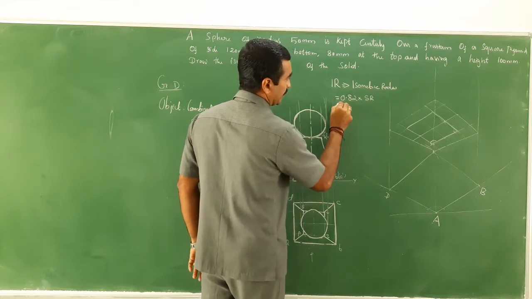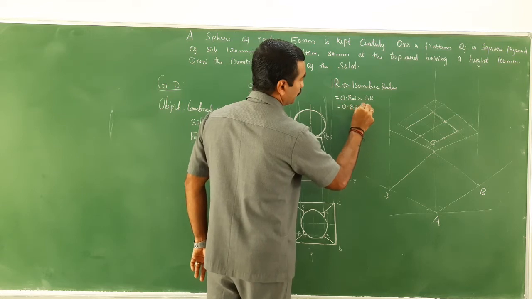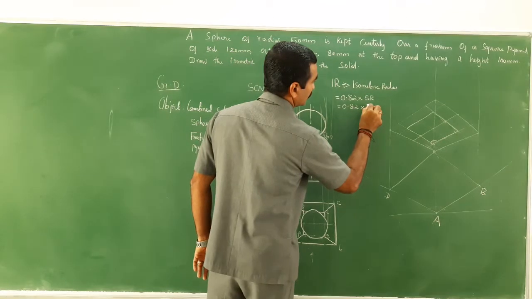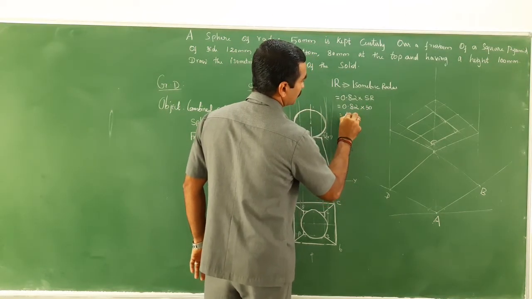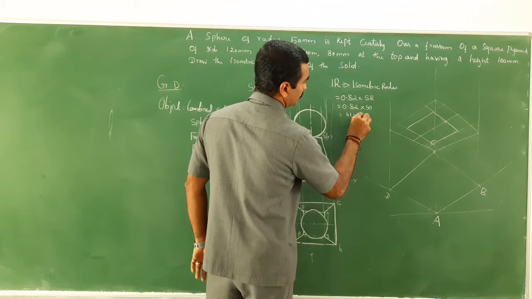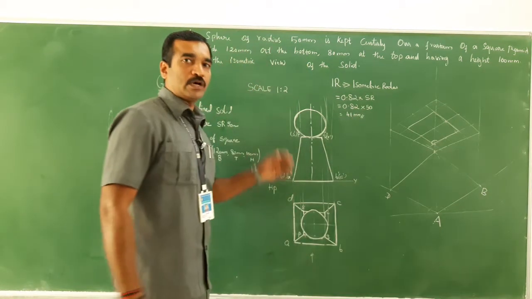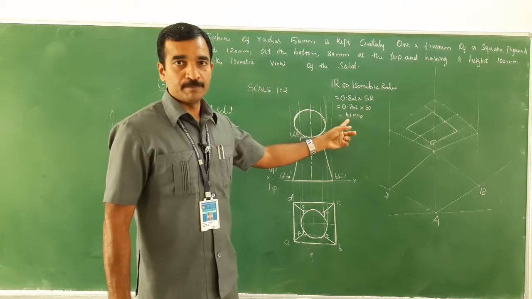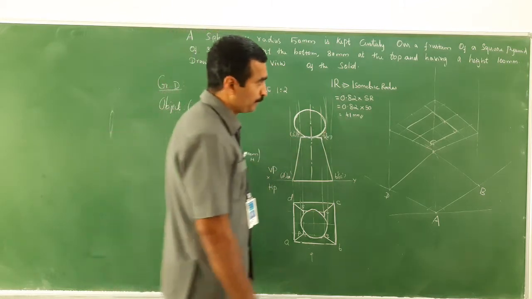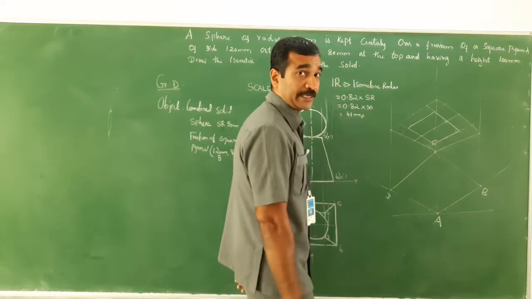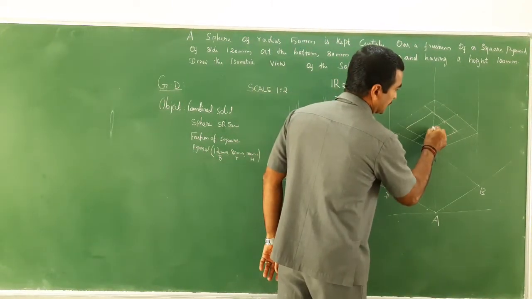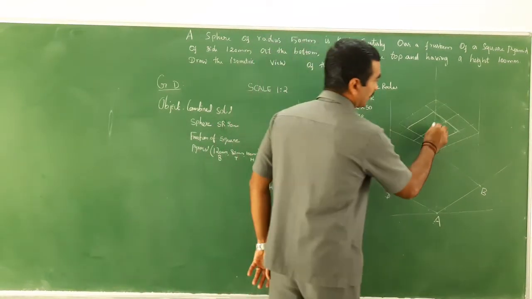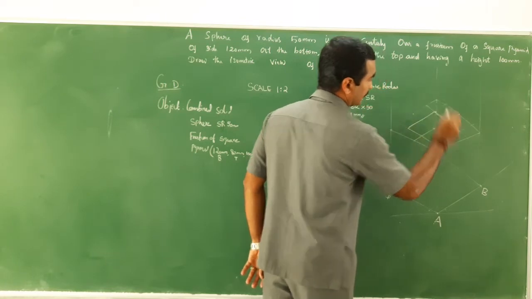That is the sphere radius, so 0.82 into 50 mm, which is 41 mm. Here you have considered the scale as 1:2, therefore half of it, which is 20.5. From where do you take it? From the center. Look at here, this is the center. Take 20.5 in the compass, cut it, and it would come somewhere here.